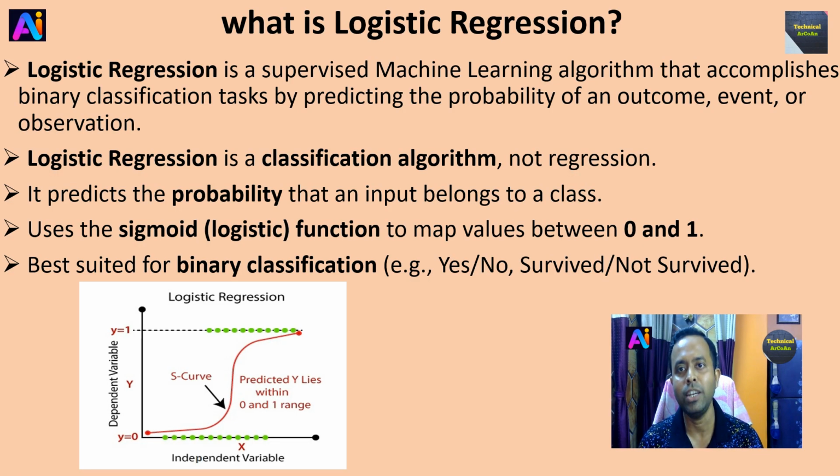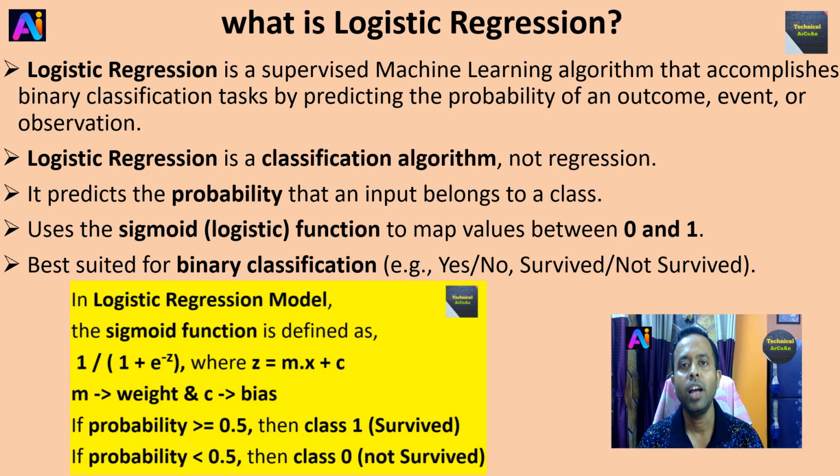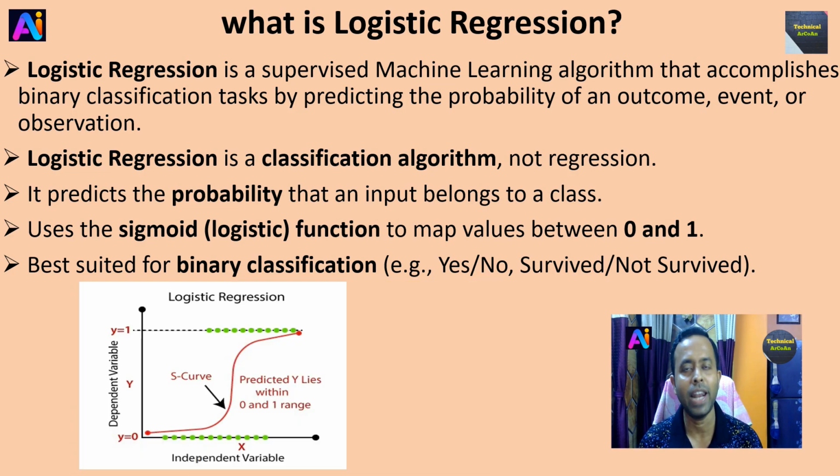In logistic regression, the function is defined as 1 divided by 1 plus e to the power minus z, and this converts the output into a probability between 0 and 1. It is best suited for binary classification like yes or no, survived or not survived, spam or not spam.